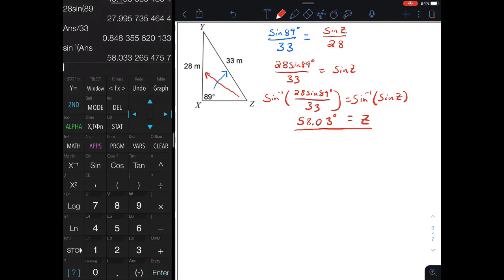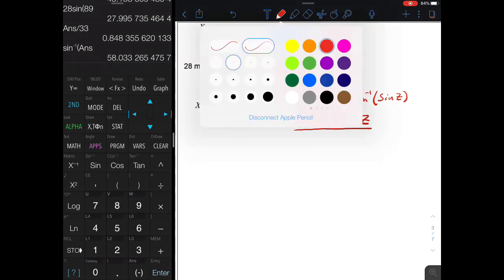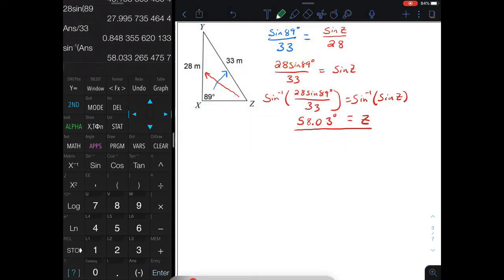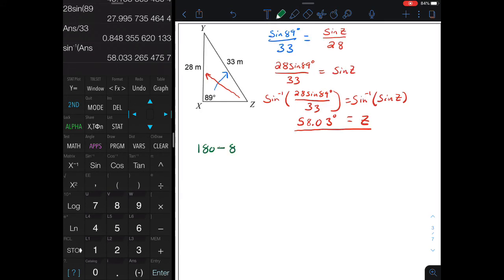Now let's go get the measure of angle Y. So the measure of angle Y, I have 180 minus 89 minus what we got for Z, 58.03, is equal to Y. Now I have the 58.03 stored in my calculator, so I'm going to get a more accurate answer here by using the entire decimals on my calculator.